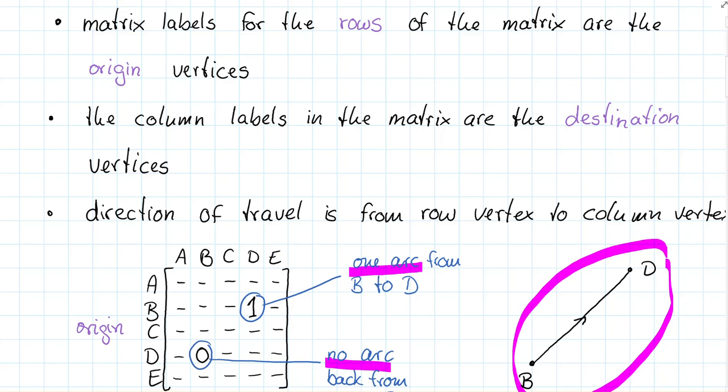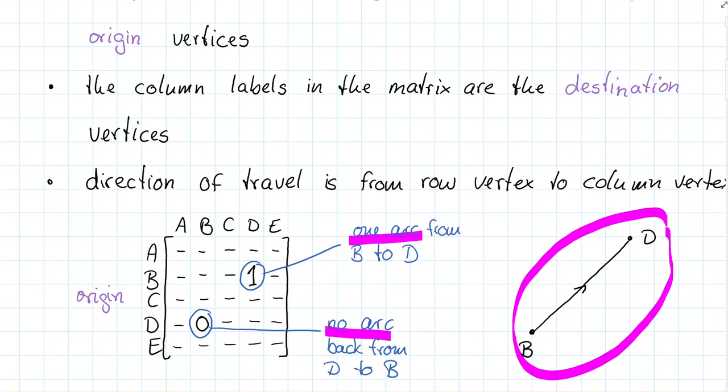So the rows of a matrix are the origin vertices, and the column labels in the matrix are the destination vertices. The direction of travel is from row vertex to column vertex, of course, because the row is the origin and the column is the destination.